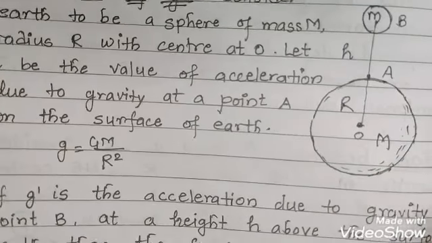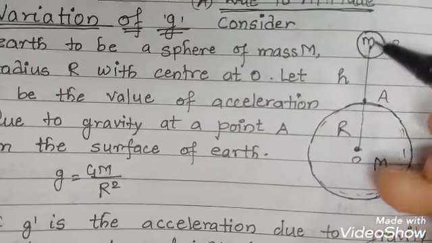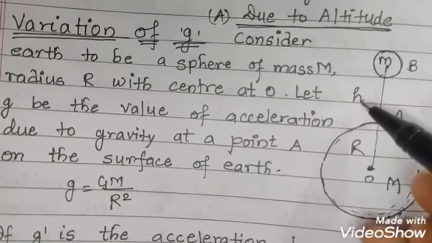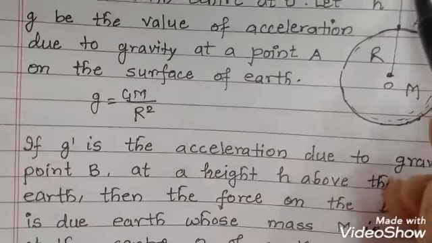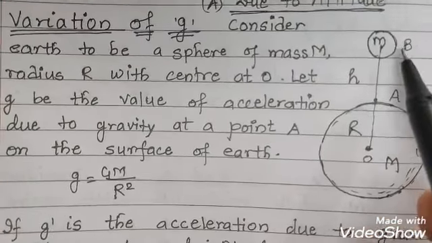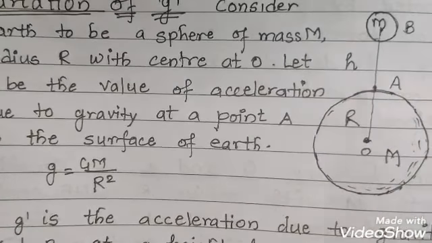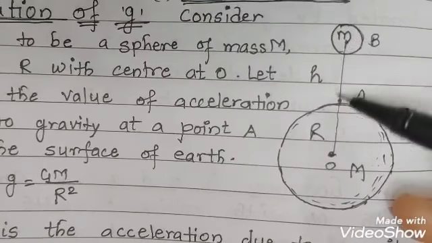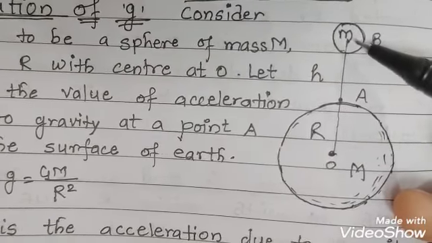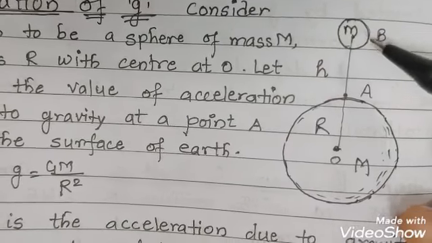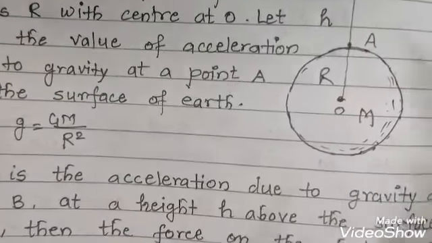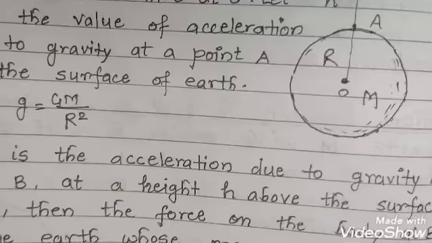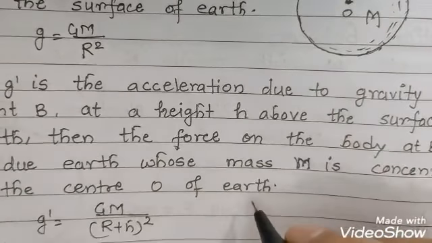Now we'll take this body a little higher, at a distance h from the Earth's surface. If g dash be the acceleration due to gravity at point B, at a height h above the surface of Earth, then the force on the body at B is due to Earth, whose mass M is concentrated at the center O of Earth.